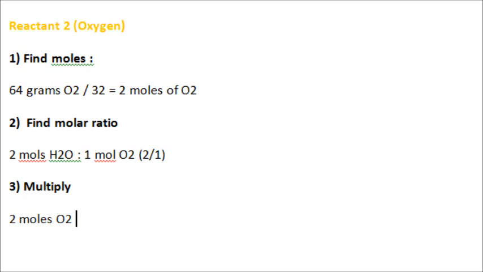Step 3, multiply 2 moles of O2, which we found in step 1, times 2 over 1 equals, wow, that was pathetic, it took me that long, 4 moles of H2O would be produced from that amount of oxygen.